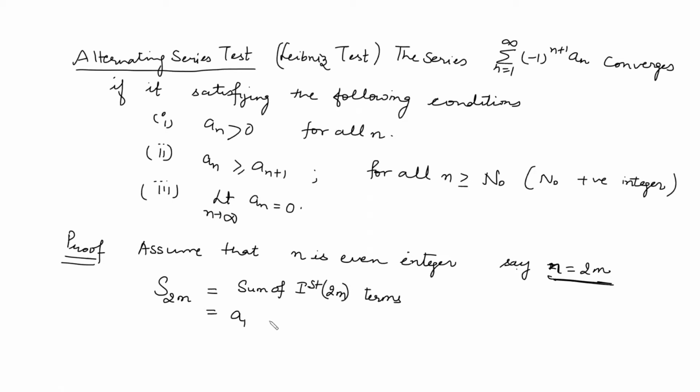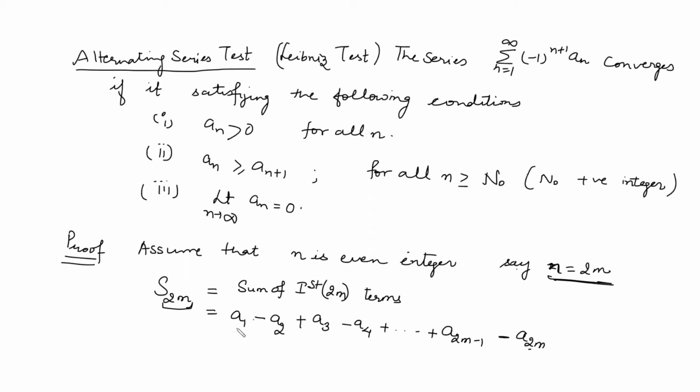It will be a1, then negative sign, minus a2, then positive, then negative. From here we observe that for the even terms the sign is negative, and for the odd terms the sign is positive. Since this is a sum of the first 2m terms, the last term is an even term, so its sign will be negative.